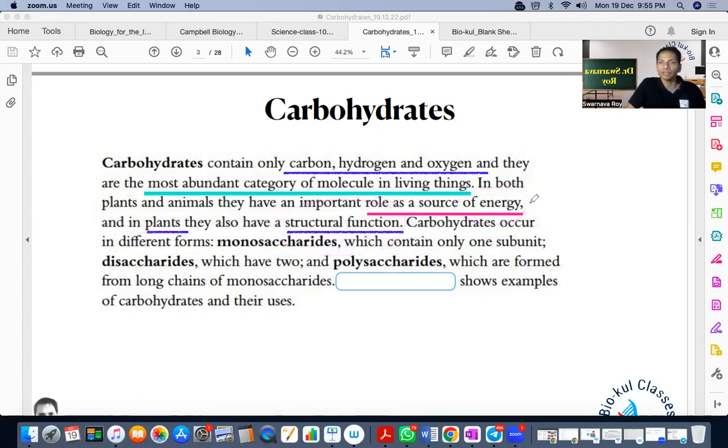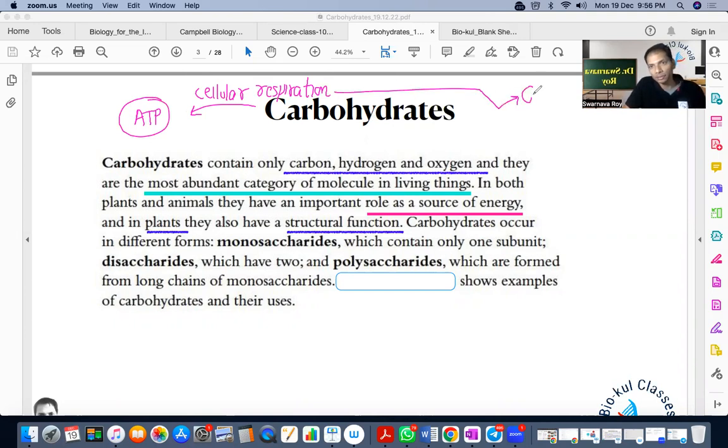When I say energy, by breaking down carbohydrates, we can get ATP, adenosine triphosphate, which is basically the energy currency of our cell. So carbohydrates form ATP by cellular respiration, which involves glycolysis, the Krebs cycle, and the electron transport chain.